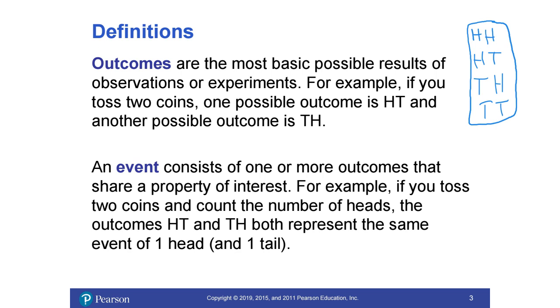In this example, we're not thinking about the outcomes when you flip two coins. We're thinking about the event of getting one heads. And so HT and TH both represent the same event if we're counting the number of heads, because both of those have one heads and one tails.